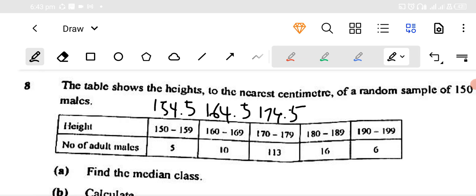Then 180 plus 189 divided by 2, 184.5. And then we have 190 plus 199 divided by 2. It's going to give us 194.5.